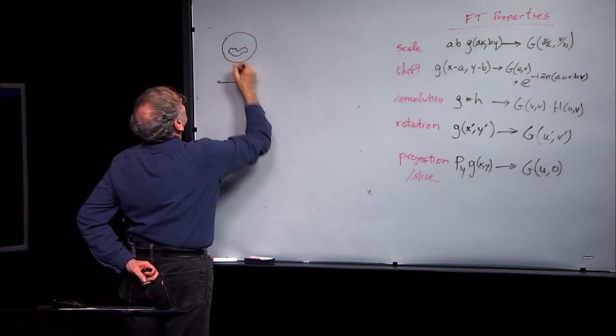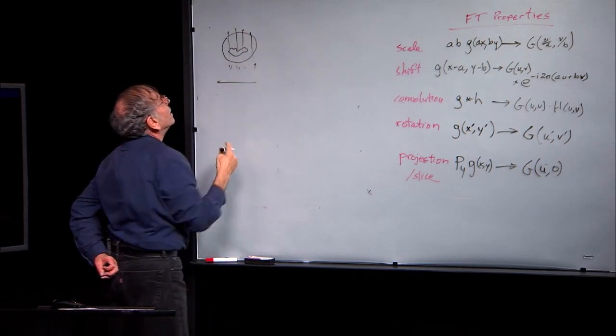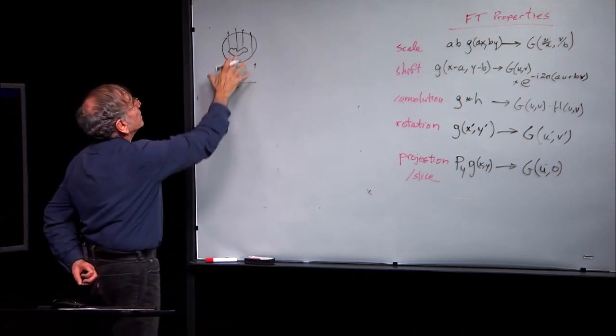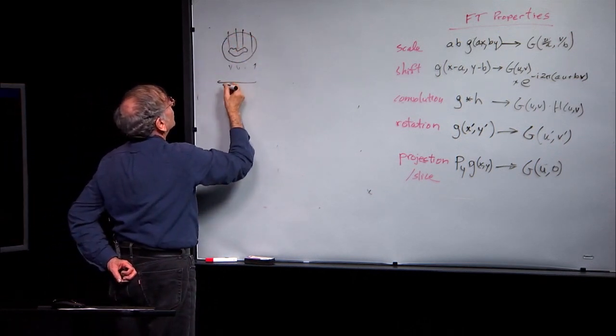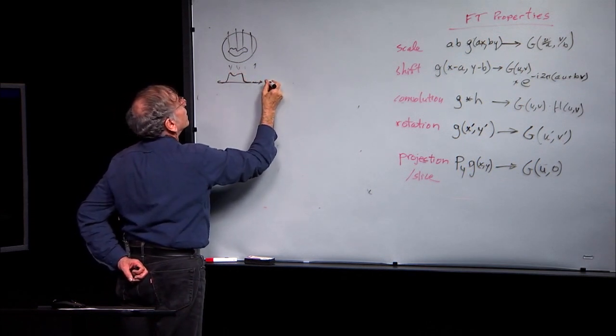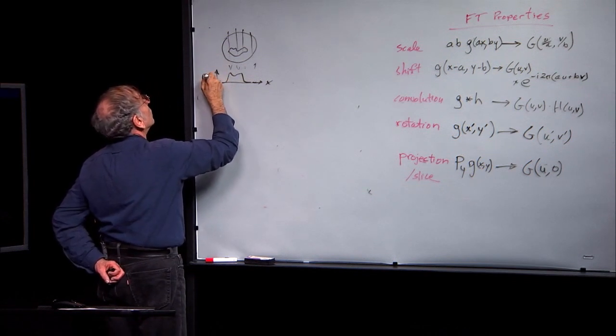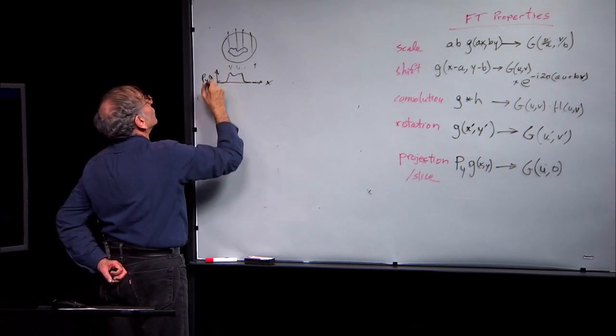And we're going to then compute a projection. We're going to look at the attenuation of X-rays as they pass through a slice of this person's body, and we get some kind of function that looks like this as a function of x. And so this is P sub y little g of x.